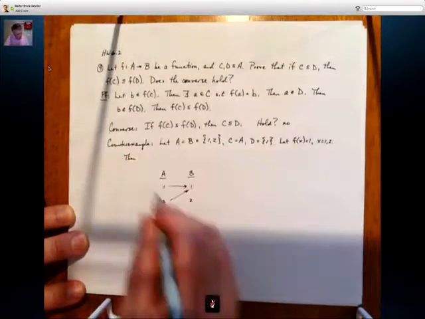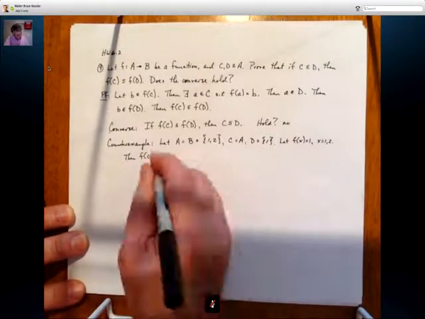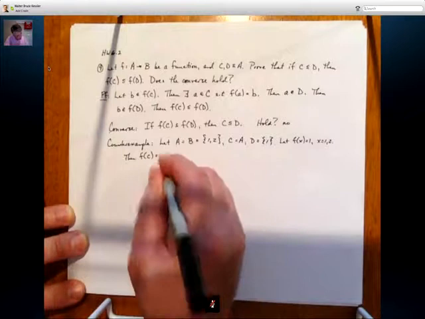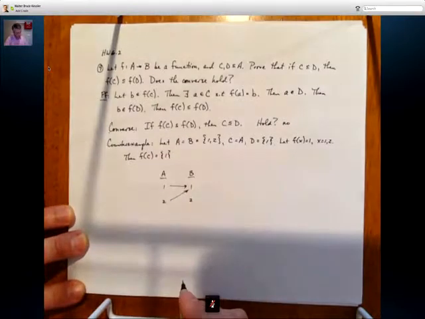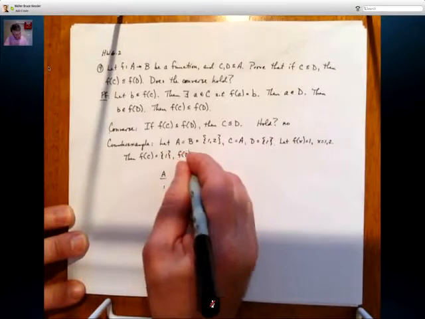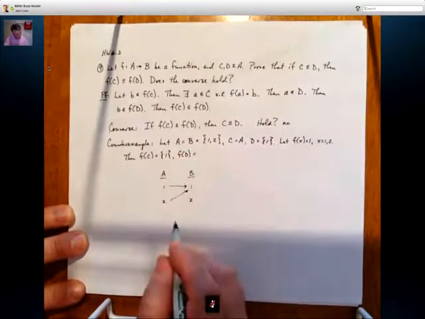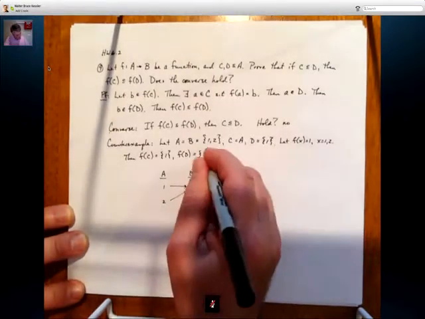Then f of C, well, C is the whole thing. So I just get 1 and that's it. And then f of D, well, D is just 1, which goes to 1.